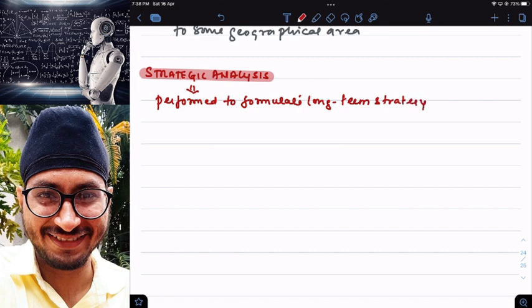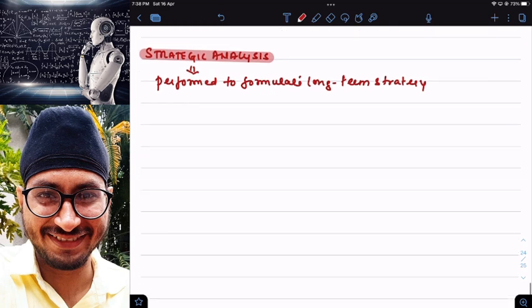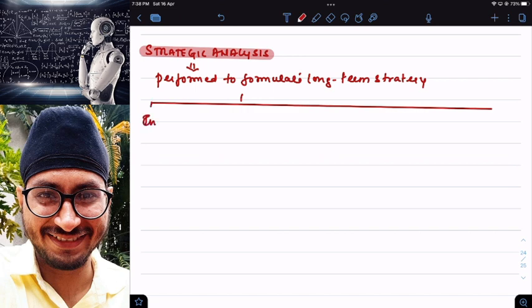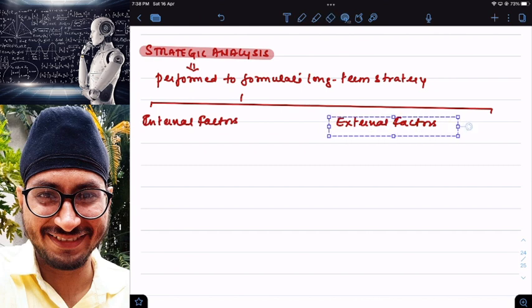A long-term strategy means a strategy beyond 12 months. For this, I will divide the analysis into two parts: internal factors and external factors. Clear?